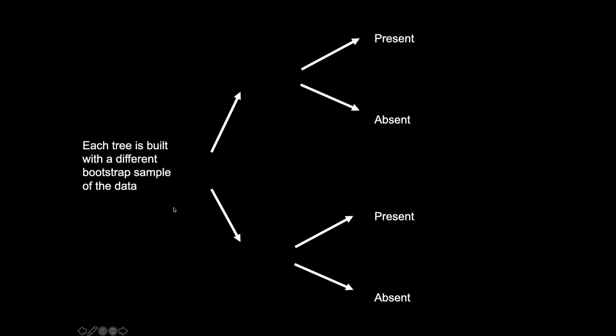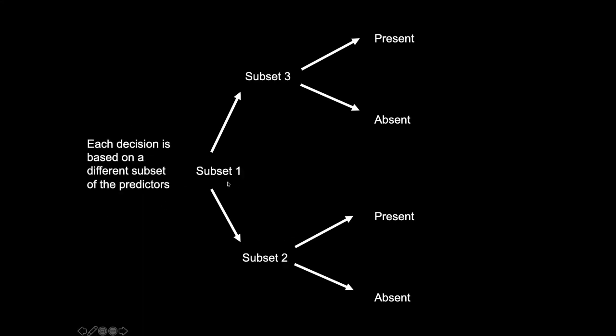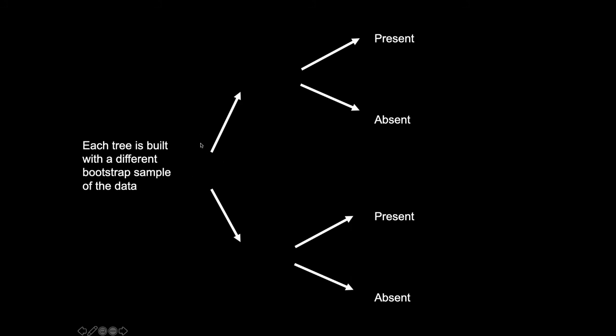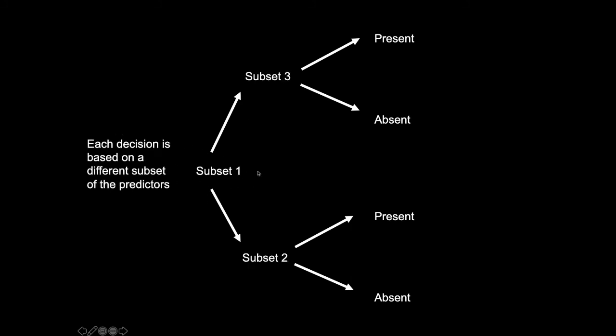So each tree is built with a different bootstrap sample of the data. So you get a bootstrap replicate of the data. But then here you're going to take subset 1 of the predictor variables and classify your bootstrap data based on that.